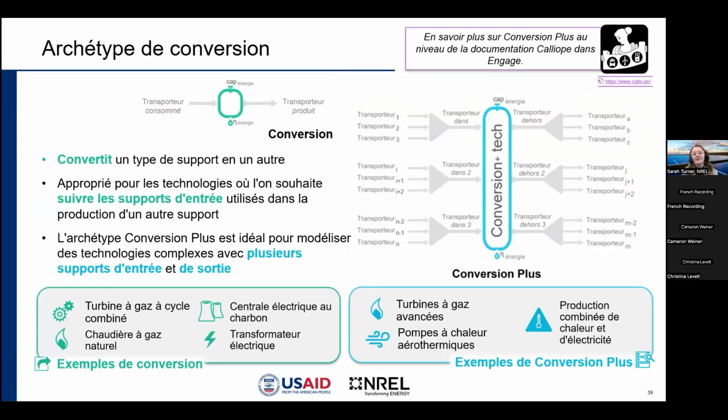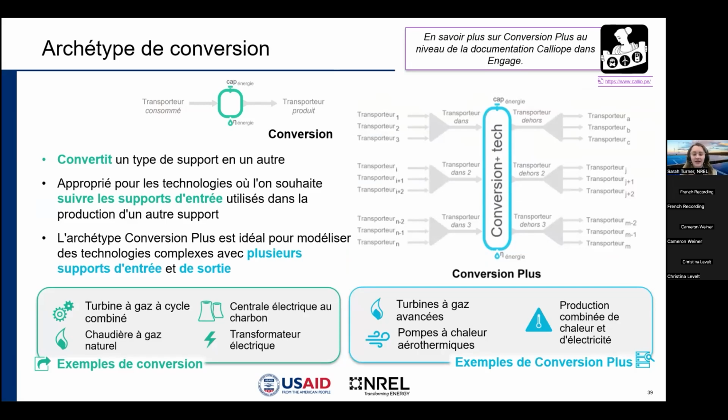And so to model these technologies, Calliope has a separate conversion archetype called Conversion Plus, which relies on carrier ratios to define the production relationship between the input and output carriers.